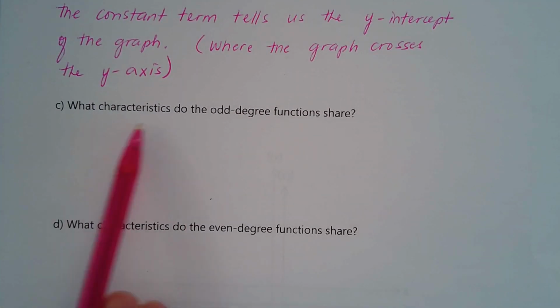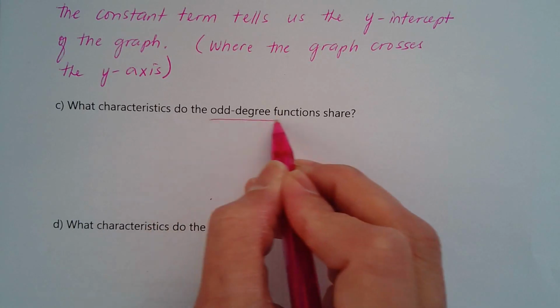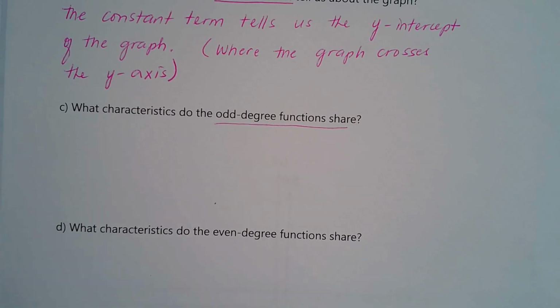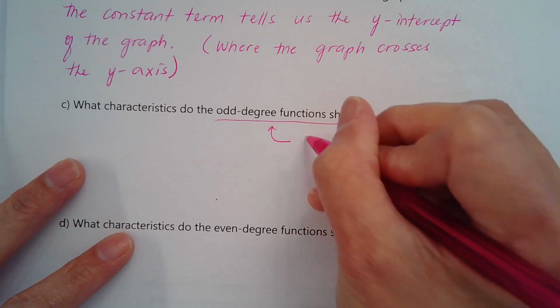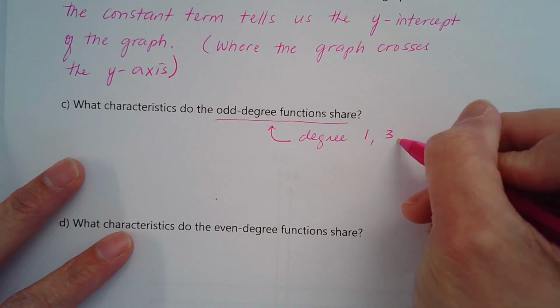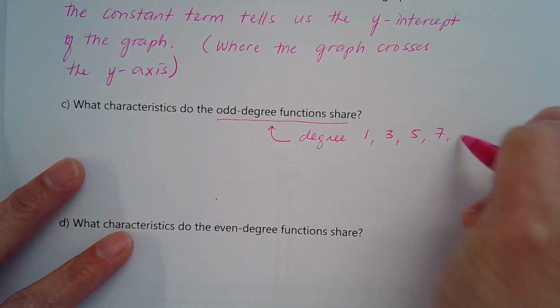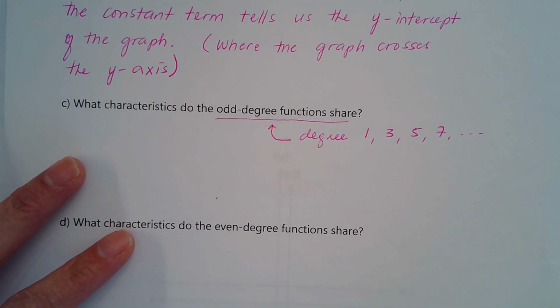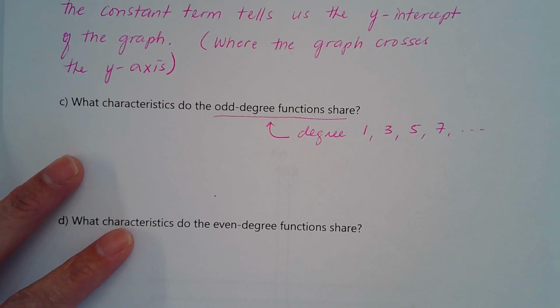What characteristics do the odd degrees share? Which one's the odd degree? The odd degree means degree 1, 3, 5, 7, and keep going. What do they share?